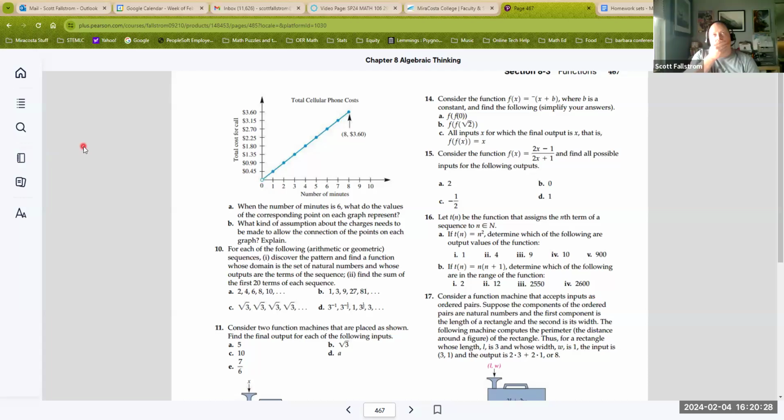So the function idea is the culmination of many ideas you've done to this point. It's formalizing the idea that I take an input value and I can get an output value.